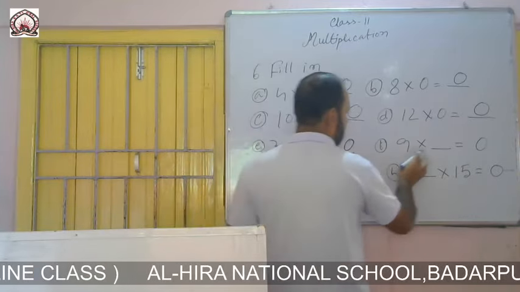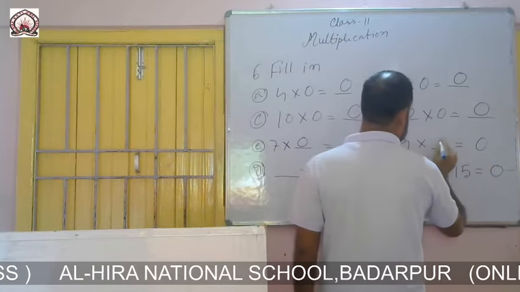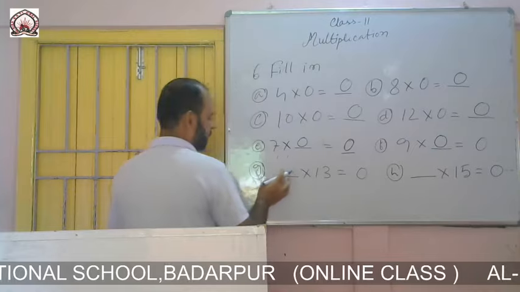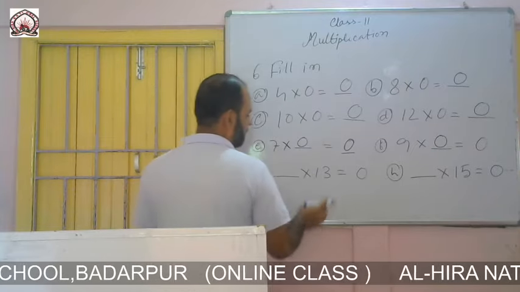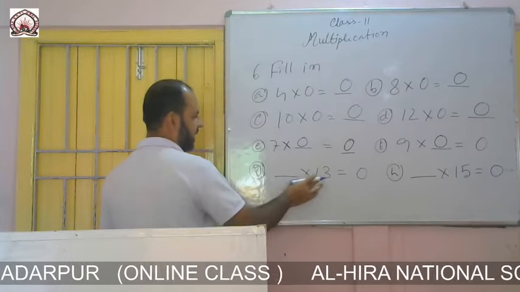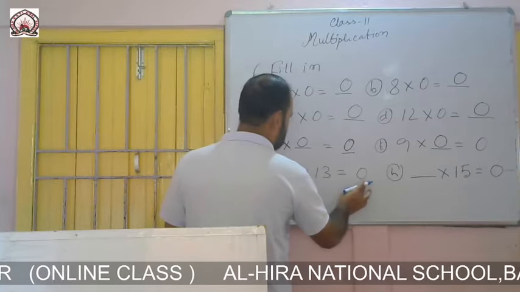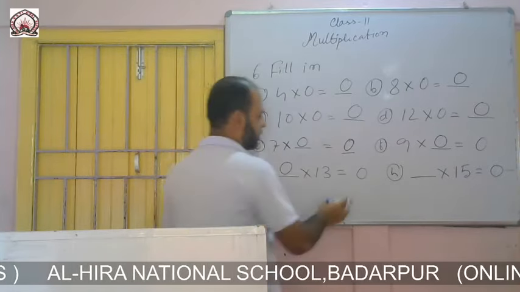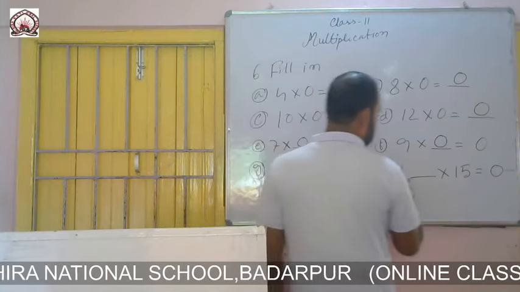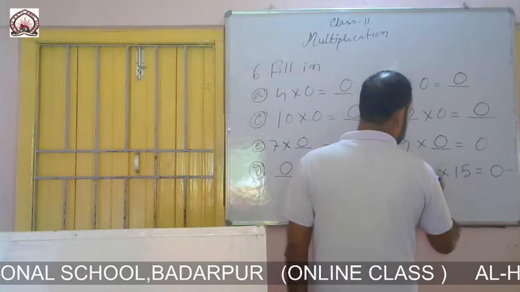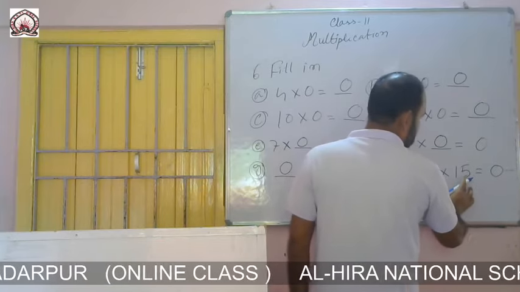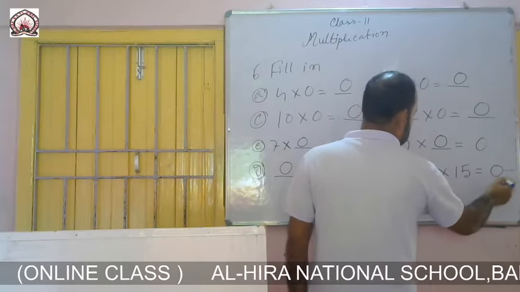Here 9, the product is 0, so 9 into 0 is equal to 0. Here 0 multiplied by any number, the answer is also 0. So 0 into 13 is equal to 0, and 0 multiplied by 15 is equal to 0.